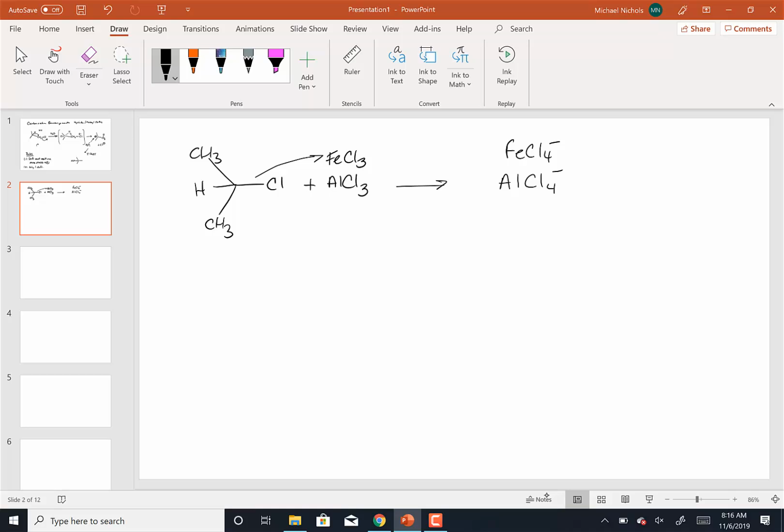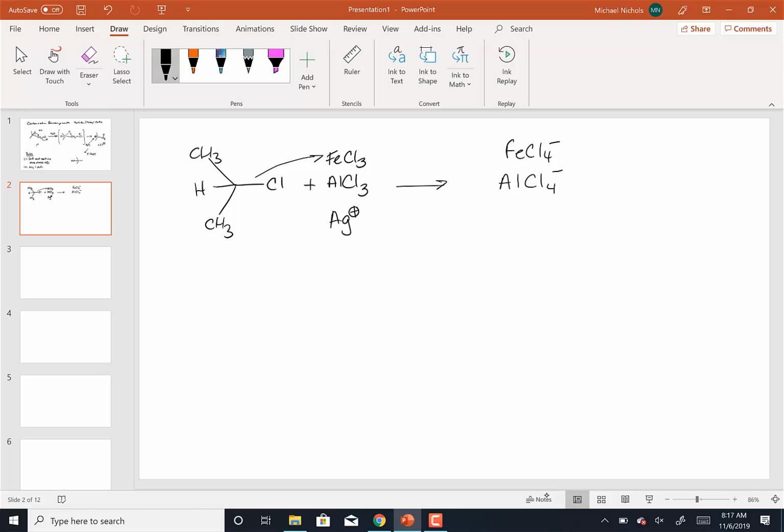Another way to make it is to just use silver. If you remember from general chemistry, silver chloride is insoluble. Silver bromide is as well. So if you were to add silver nitrate to an alkyl halide, if you form a carbocation, you see the silver chloride or bromide precipitate out of solution.